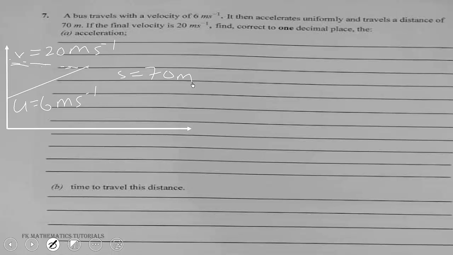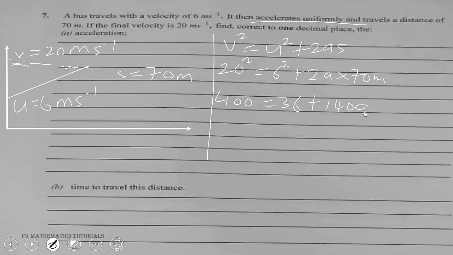Since it is a uniform acceleration, we can use the formulas for uniform acceleration. So we have v squared equals u squared plus 2as. When we substitute these values, we get 20 squared is equal to 6 squared plus 2 times acceleration times 70 meters. So we get 400 is equal to 36 plus 140a.